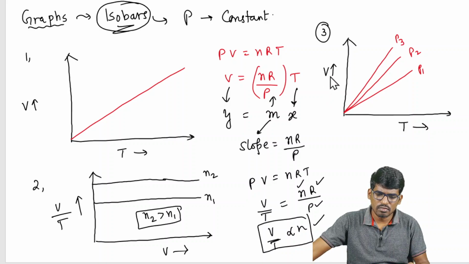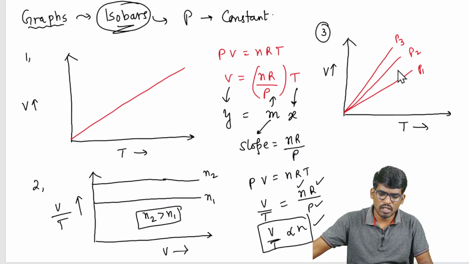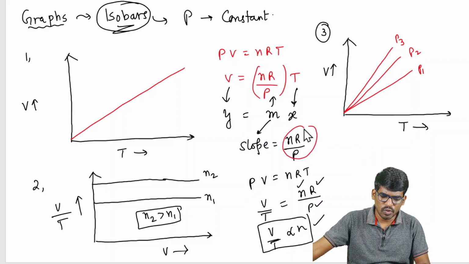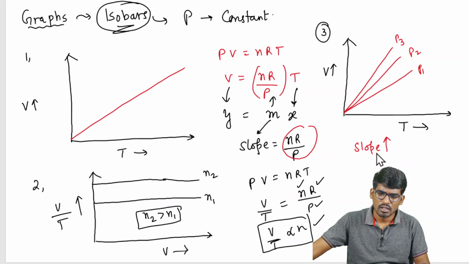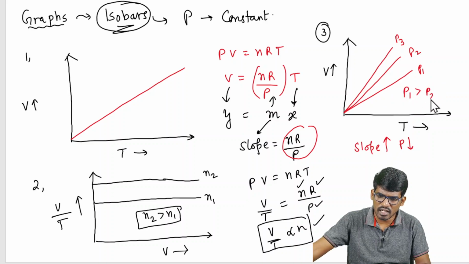If I ask you to relate them, how do you say that? Slope is equal to nR/P. As the slope increases, pressure decreases. So the relation between P1, P2, P3 for this particular graph can be taken as P1 greater than P2 greater than P3.